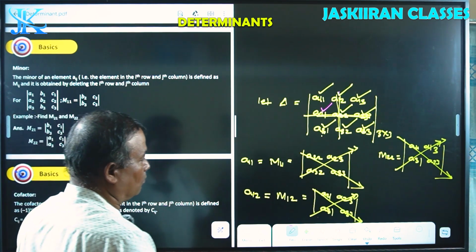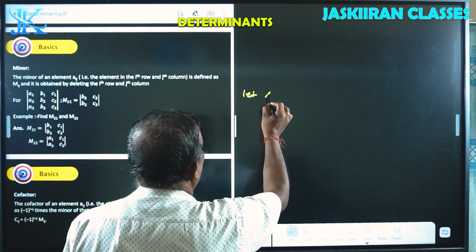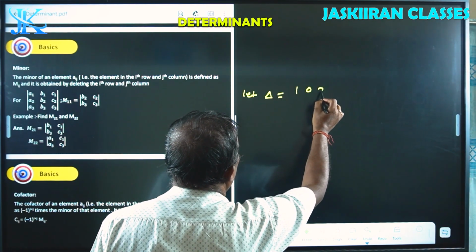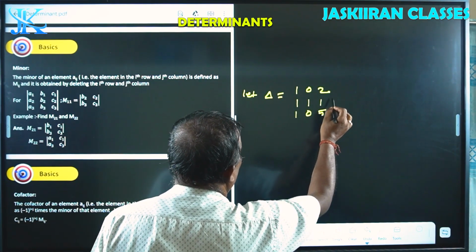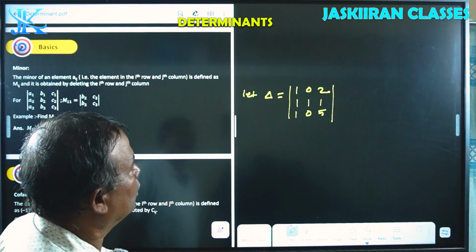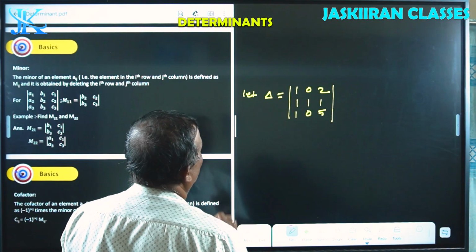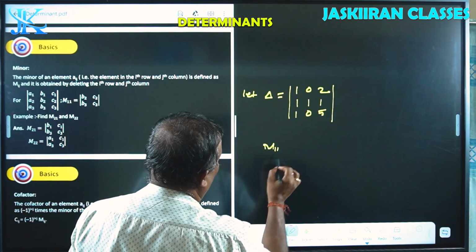So now one example: let del be equal to 1, 0, 4, 1, 1, 1, 0, 1, 5. How to get the minors of the 9 elements? Suppose we have to get the minor of 1, which is A11, M11.